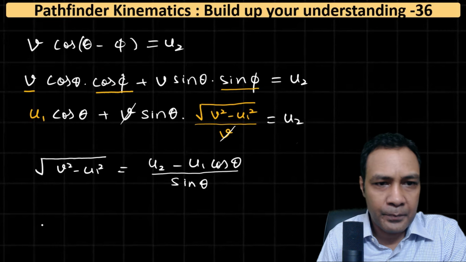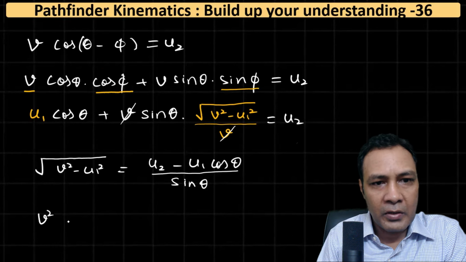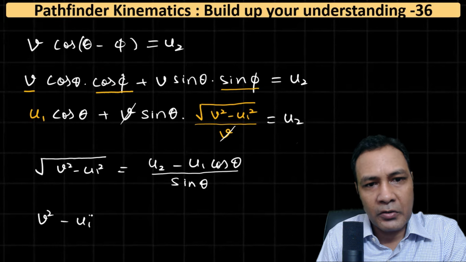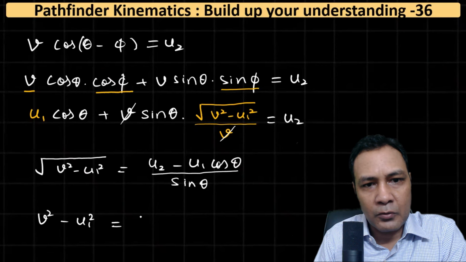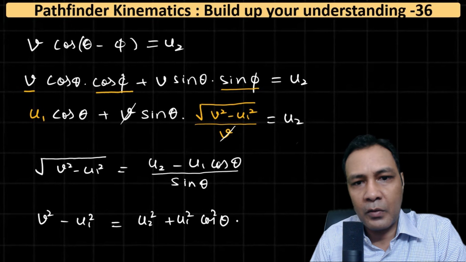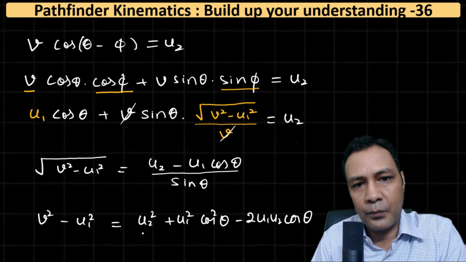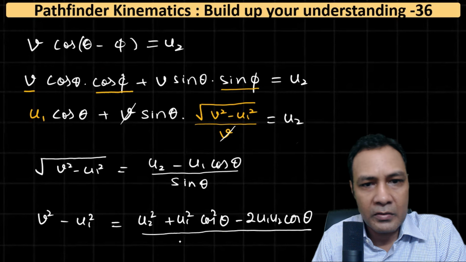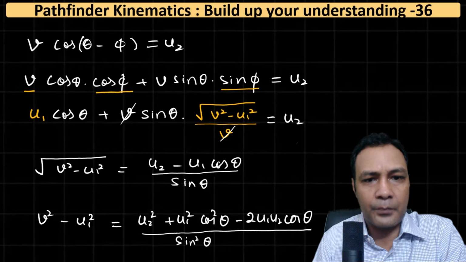Square both sides. So v square minus u1 square is equal to u2 square plus u1 square cos square theta minus 2 u1 u2 cos theta, by sin square theta.